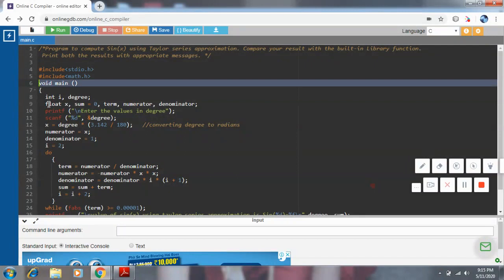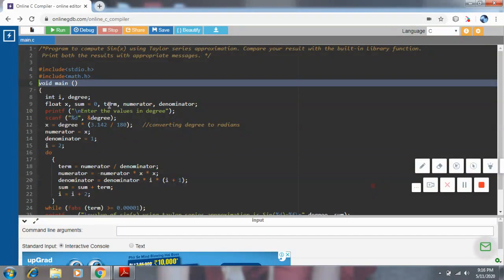So void main. I've declared two variables, i and degree, of integer data type. i is a loop control variable and degree is the input to be read. Using floating point data type, a few more variables are declared: x, sum equals 0, term, numerator and denominator.